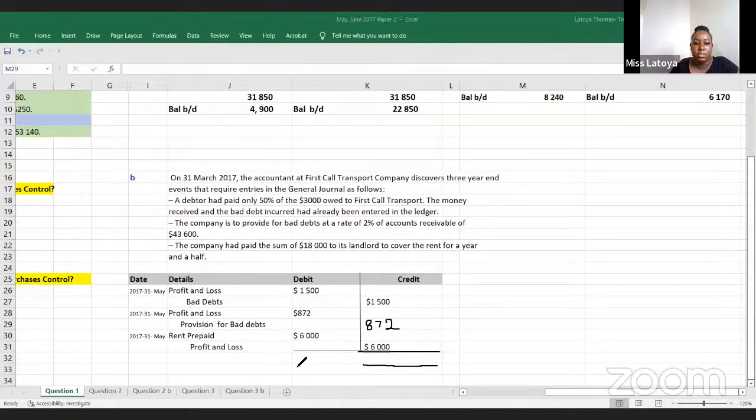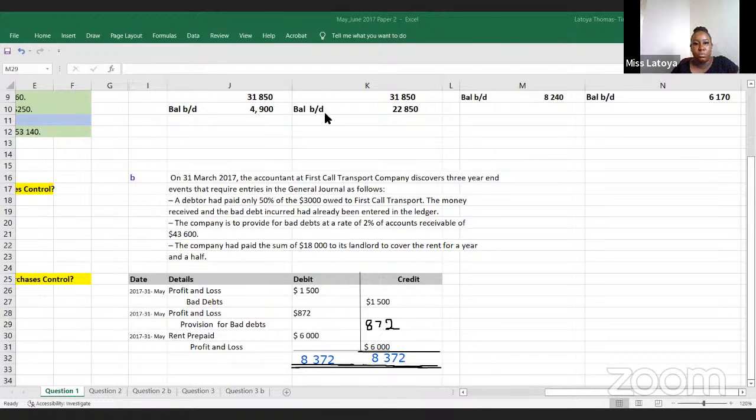Both sides are going to give us the same figures. Mind my lines, y'all. All right, and when we add up our balances on this side, we're going to get 8,372. Again, for this question, no narratives was required. Okay, and this is the end of question 1 on the May-June 2017 paper 2, accounts paper 2.